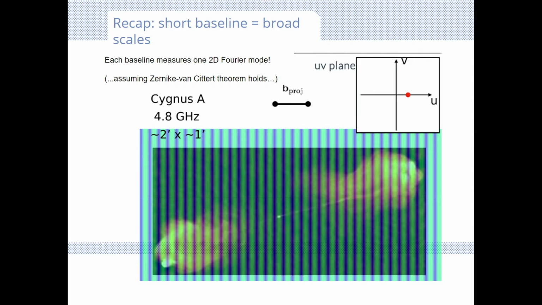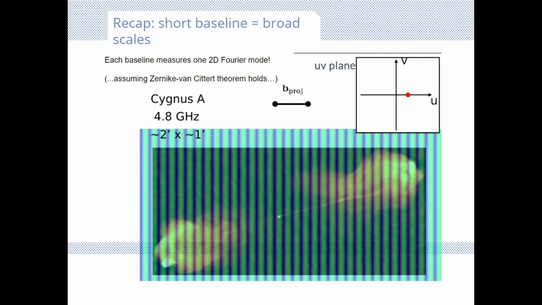This is a short distance in this example, and if we think back to the measurement taken by the interferometer, remember that we measure the intensity multiplied by the complex exponential for a complex interferometer. So this has the effect of projecting a fringe over the sky. Now, because this baseline is short, the projected fringe has a long period.